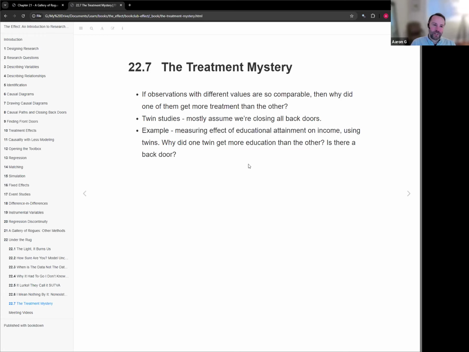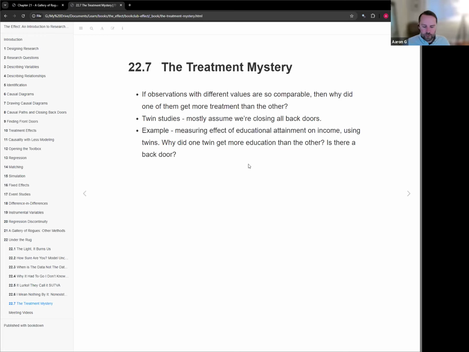So it calls into question observational research in general. You can never be quite sure, because we're not doing randomized experiments, that we're getting what we think we're getting. And what was called out in this section was studies on twins. This is a popular approach for certain things because you think just by looking at twins, you're controlling for a lot of potential backdoors, right?